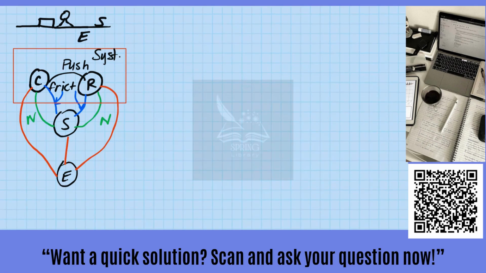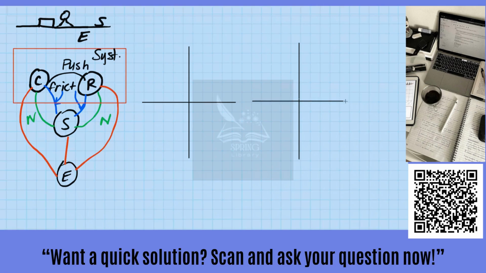So while we're doing free body diagrams, let's put an X and a Y axis down, and another one. So this is your x-axis, this is your y-axis, same on this side. So this is going to be for the car, and this is going to be for the rabbit.